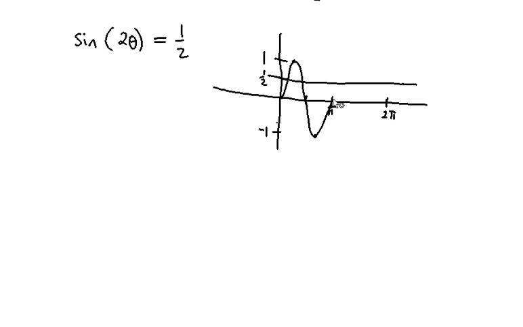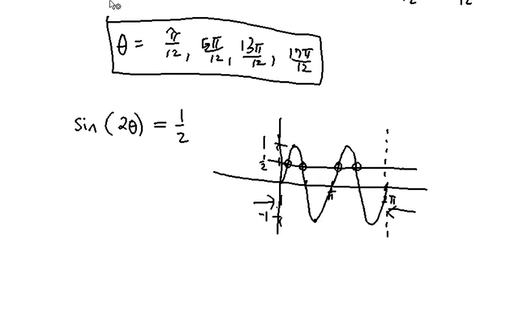There's one revolution, and then it's going to come back to that. So you can see right away I have 1, 2, 3, and 4 places where it hits. So I should have 4 solutions, since this is the range I'm interested in, from 0 to 2 pi. So it makes sense to have these 4 numbers here.